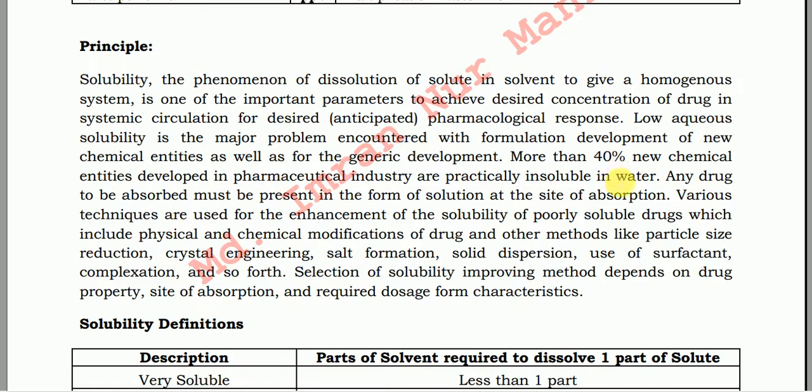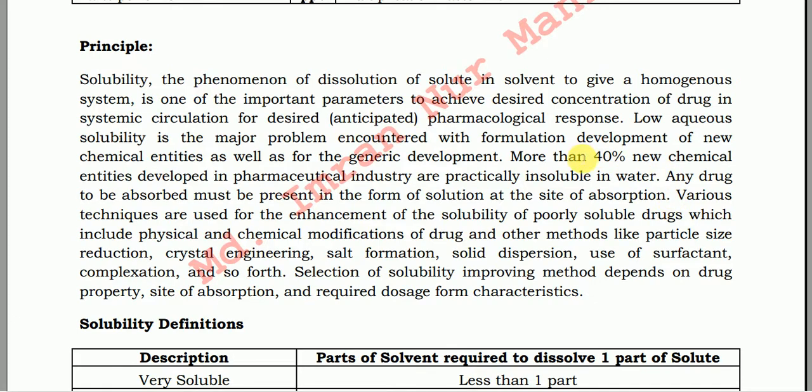About 40% to 50% of the chemicals are insoluble in water. But we need water soluble drugs. Any drug to be absorbed must be present in the form of a solution at the site of absorption.